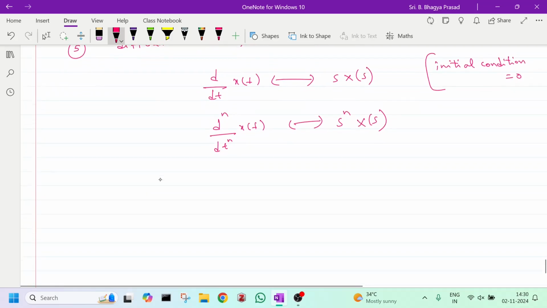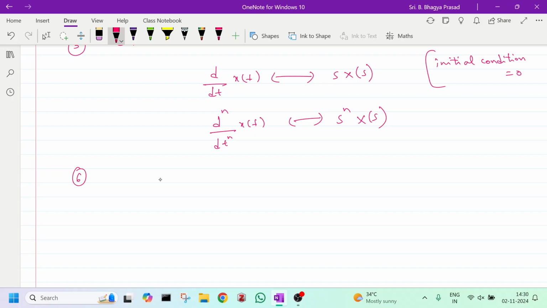Okay, and the differentiation in s domain.